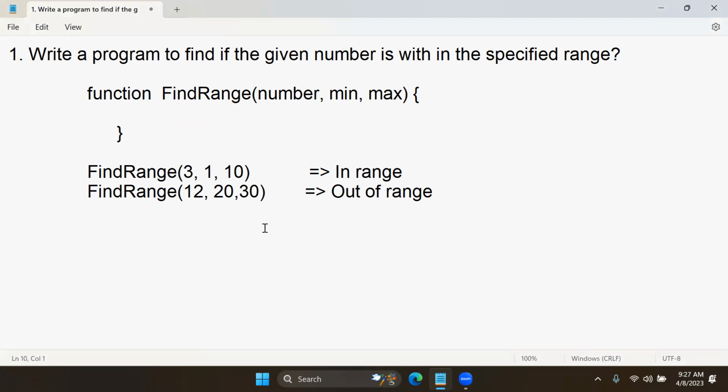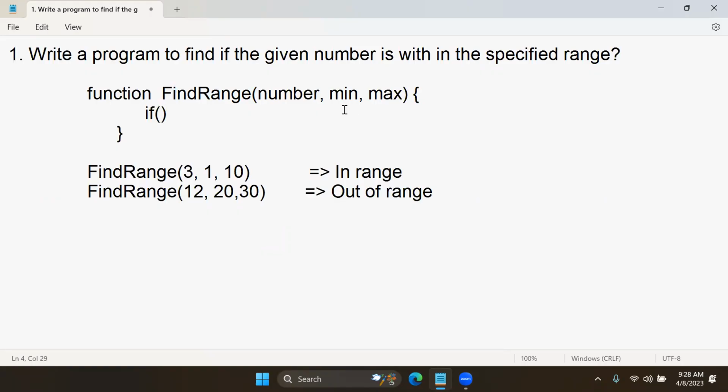You have to write the condition. How the condition is written. Write and send me, I will see. So you have to write a function called find range with three values. Here we have to write if.